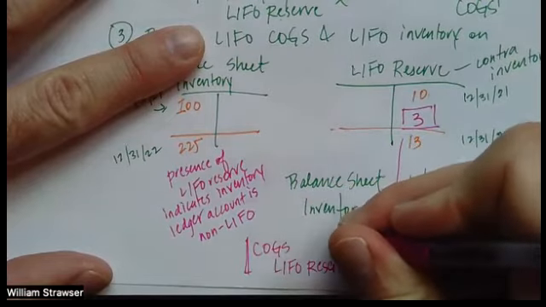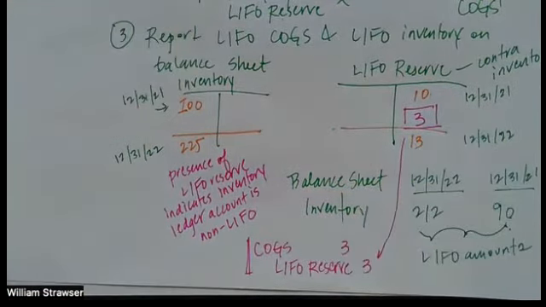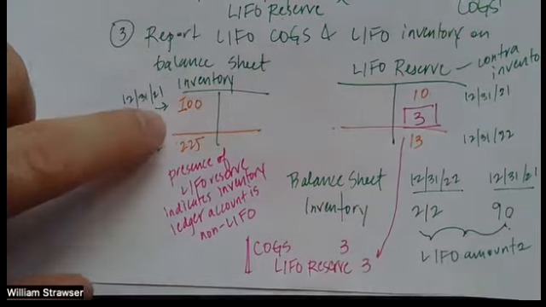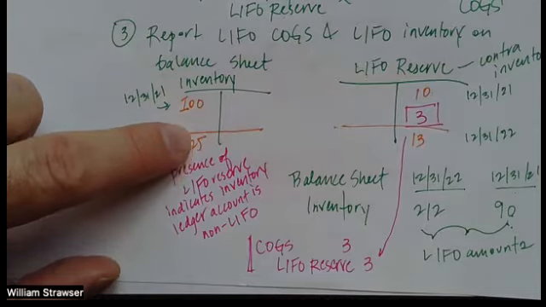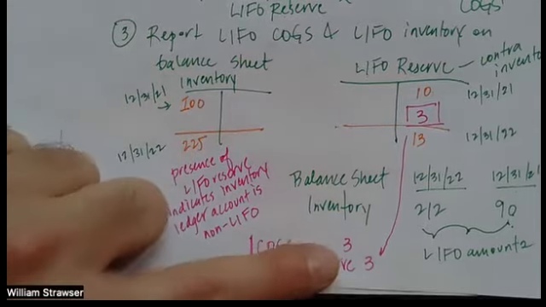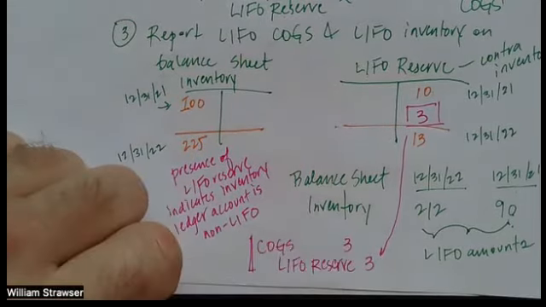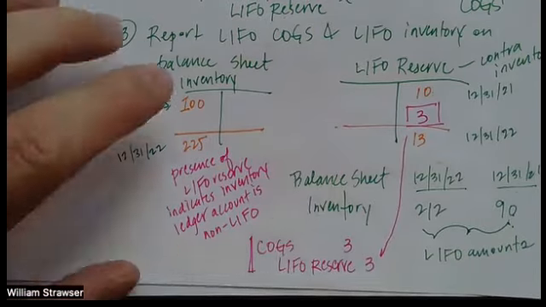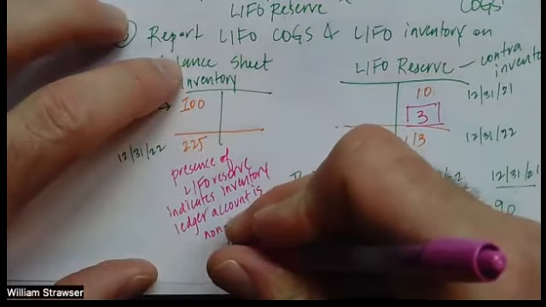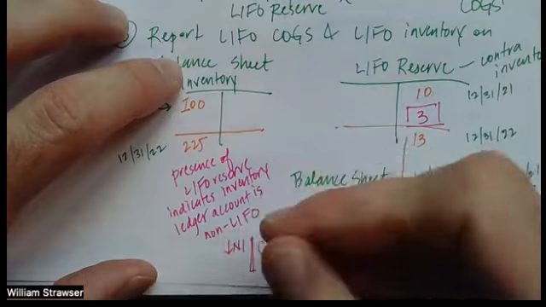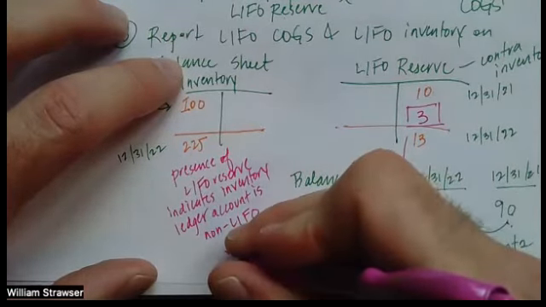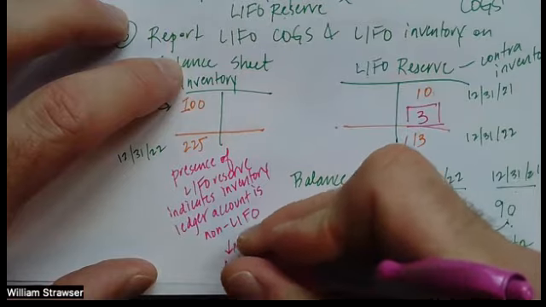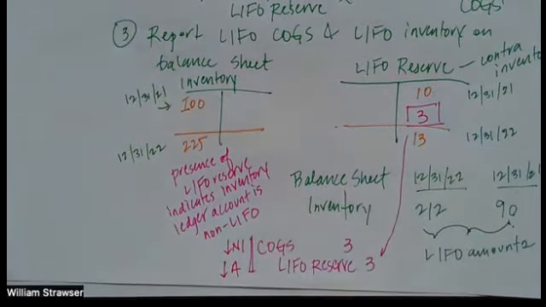What does that do to my overall cost of goods sold? Whatever cost of goods sold I reported using the non-LIFO amounts is increased by $3 in this example. It increases cost of goods sold, which reduces my net income further, and it increases the LIFO reserve, which, since that's a contra account, reduces my assets more.